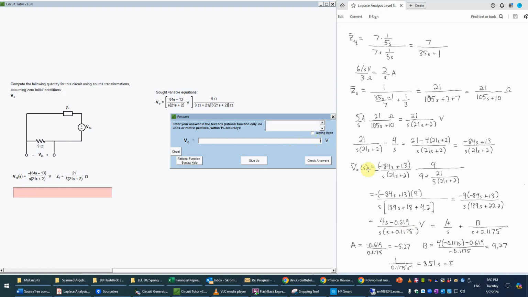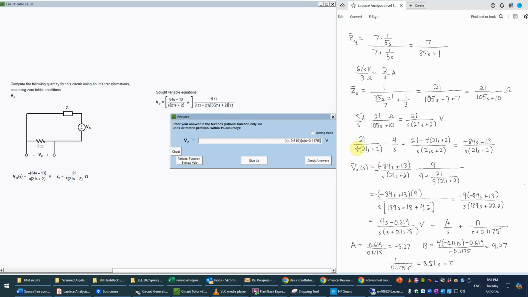So we'll put in parentheses 4s minus 0.619. I like to use a leading zero to make sure we can notice that there is a decimal point there. And then the solidus, and then we have the left bracket, and we have s times s plus 0.1175, close parenthesis and close bracket.